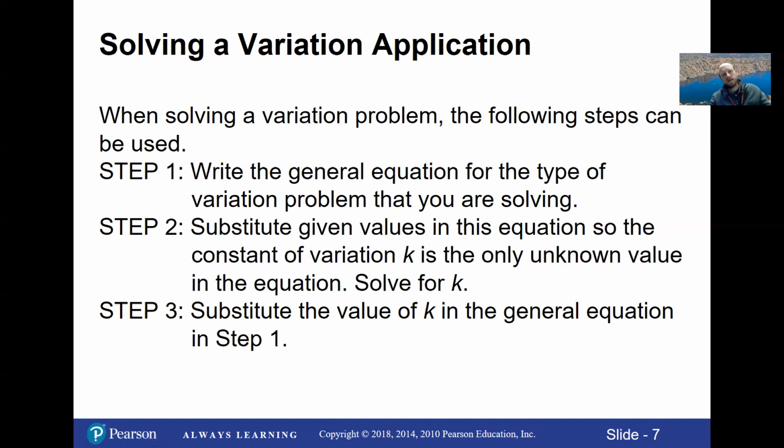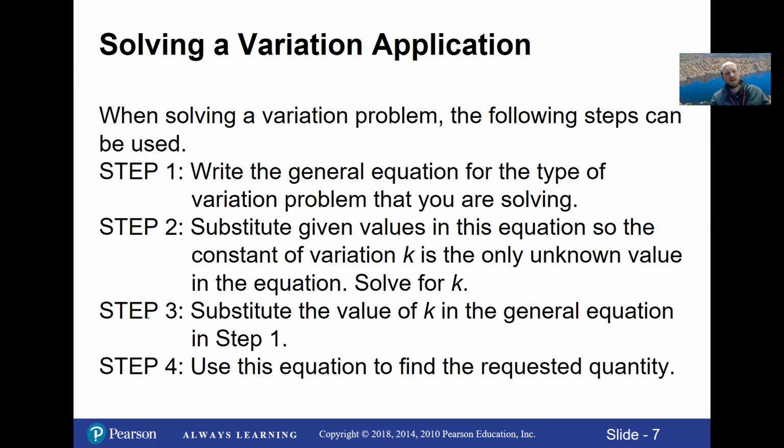So when solving a variation problem, your first step is going to be to write the general equation of the type of variation. So if it's direct variation, our equation would be y equals kx. The other type of variation that we're going to talk about in a little while is inverse, and that we would say is y equals k over x.